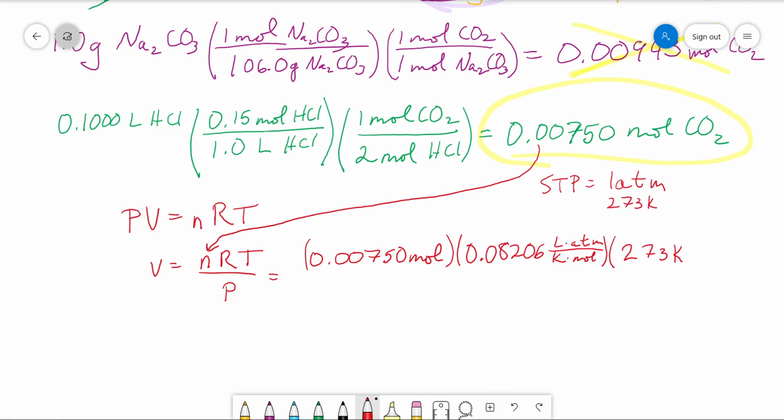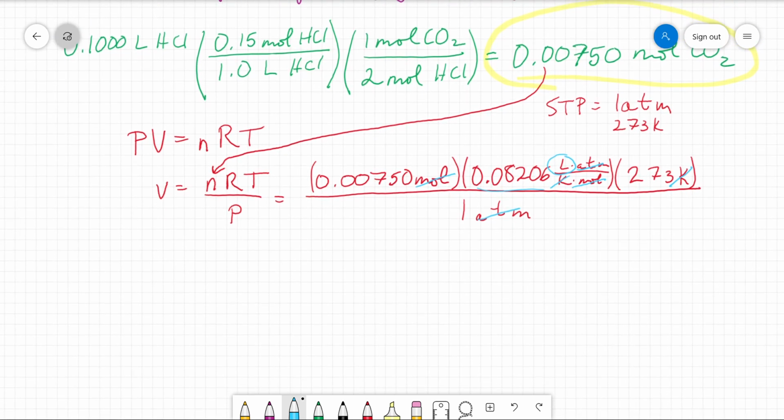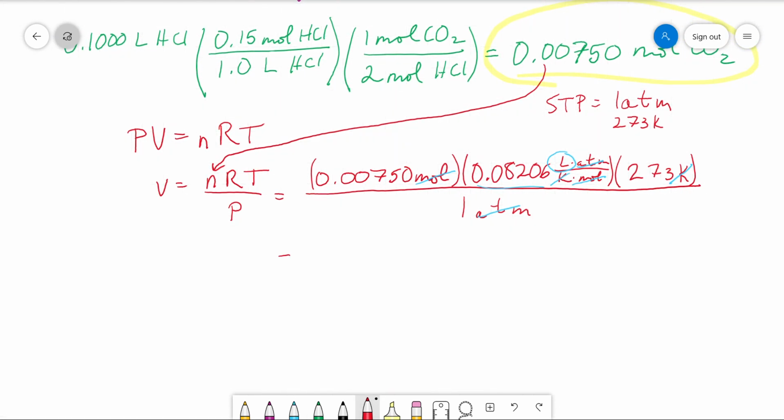That's 0 degrees Celsius. And then our pressure, 1 atm. I just like to go through and cancel out the units just to show that it really does matter what you use for R. The way you know you're using the right value for R is that you get the right unit at the end. So I come out with 0.168 liters. And that's my answer.